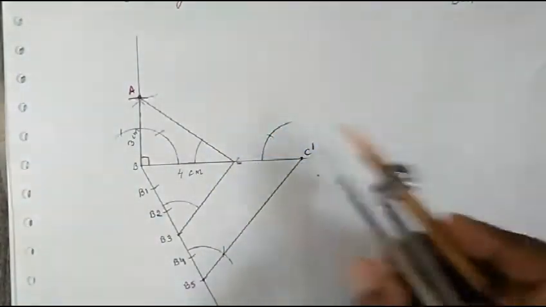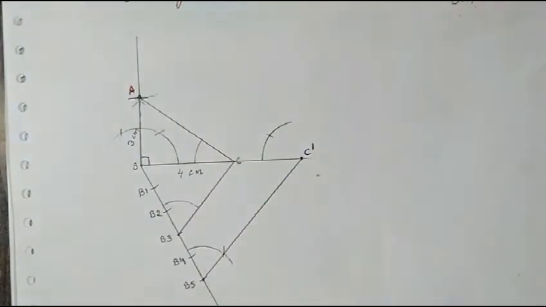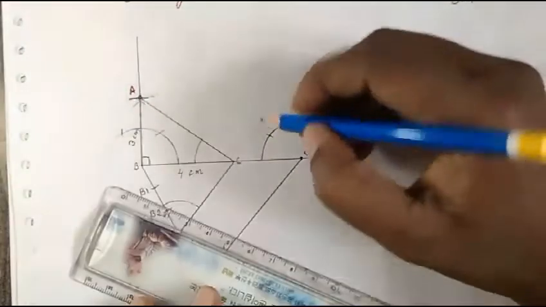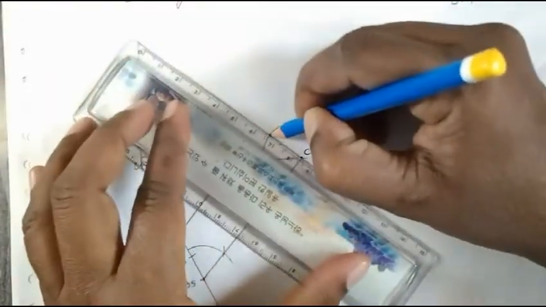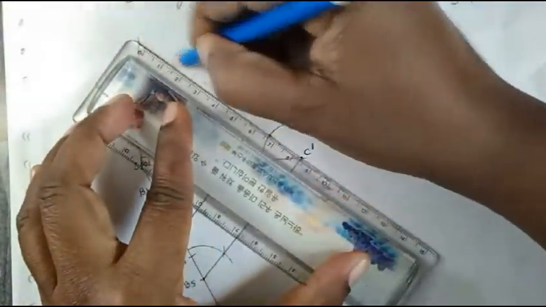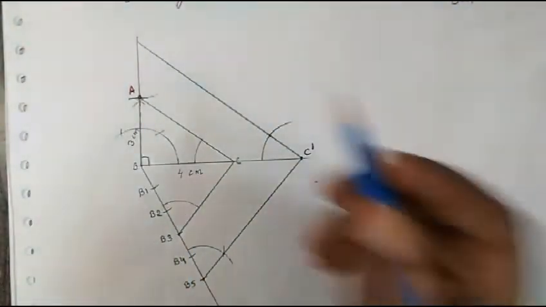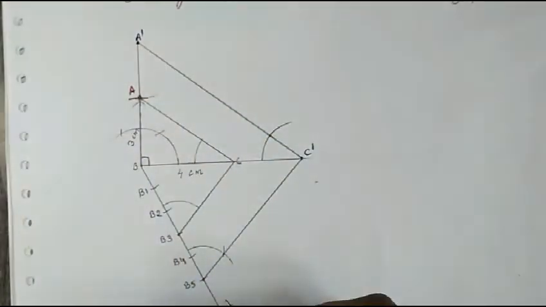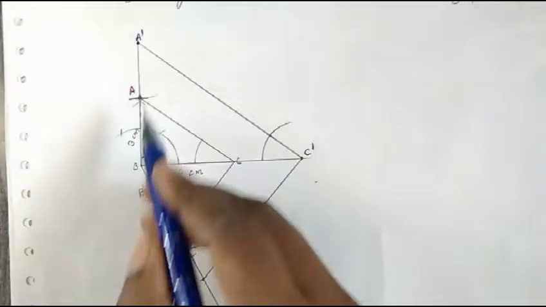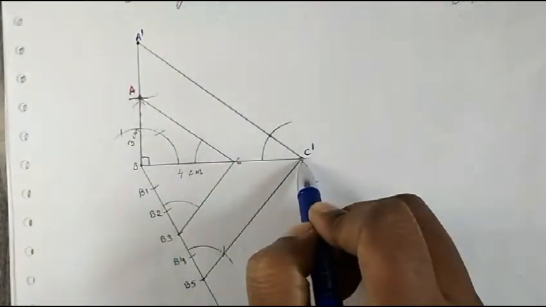Now this point we will join. So this is A, which means this point will be A dash. Okay, so we have constructed A dash, B and C dash.